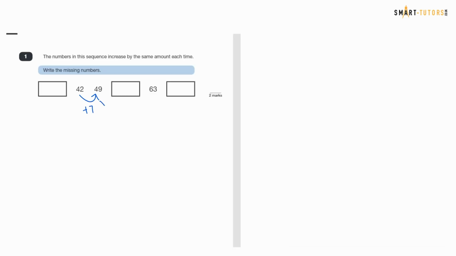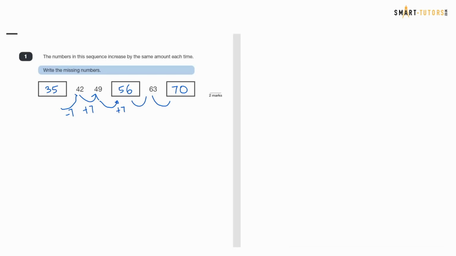So that means you have to add 7 to 49, which equals 56. And 56 plus 7 is 63. And 63 plus 7 is 70. But there's one space before 42. So for 42 you have to do 42 minus 7, which is 35.